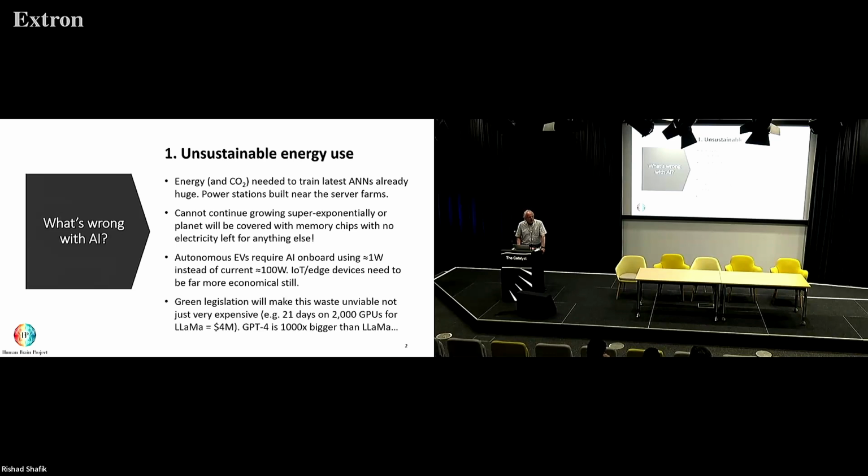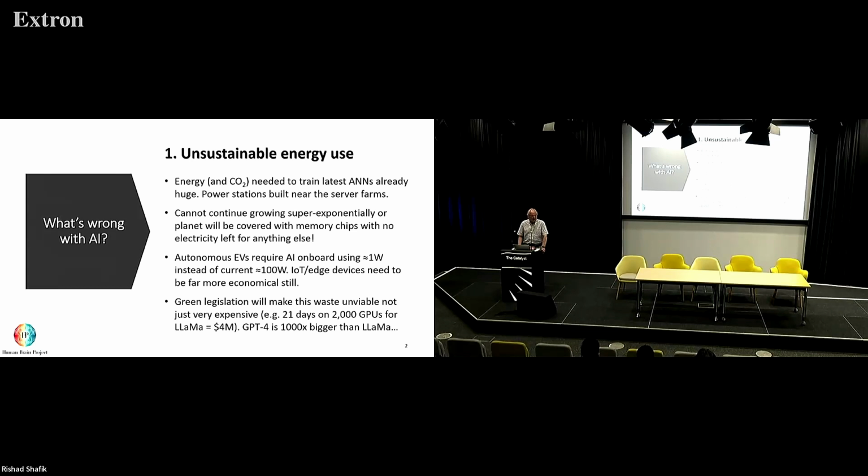And of course, legislation is applying increasing pressure to remove waste and make systems more sustainable. So one example here is LLaMA, I'm not quite sure how you pronounce it. If that takes 21 days on 2,000 GPUs, and GPT-4 is 1,000 times bigger, then you can see that these numbers are becoming impractical.